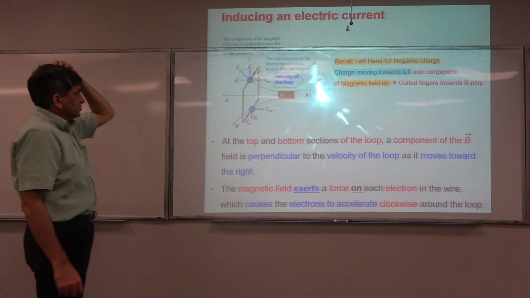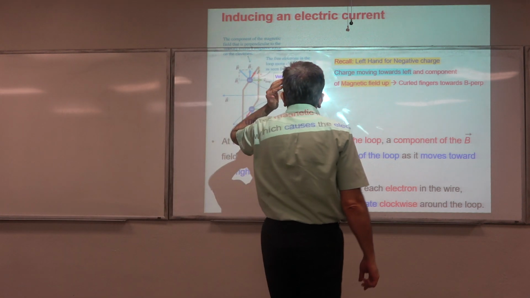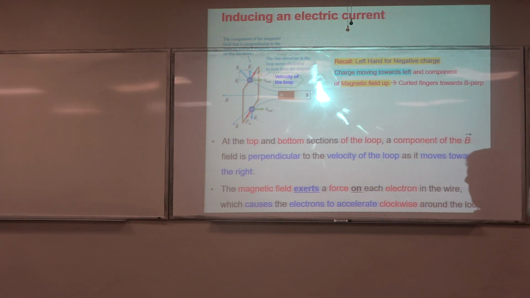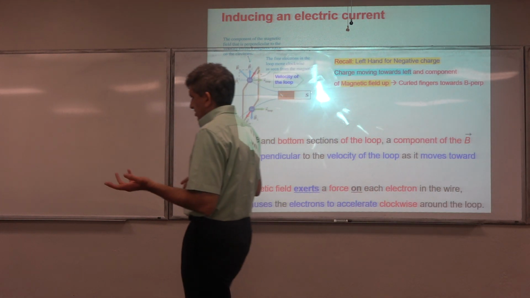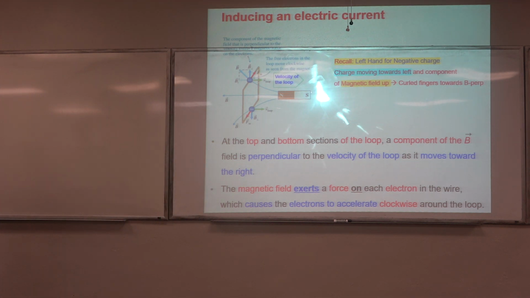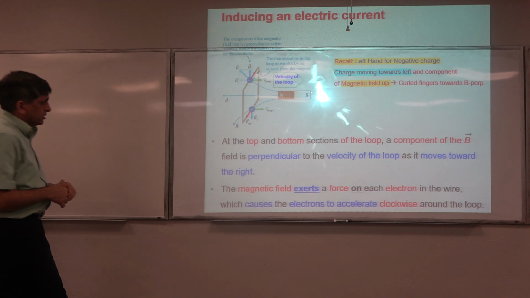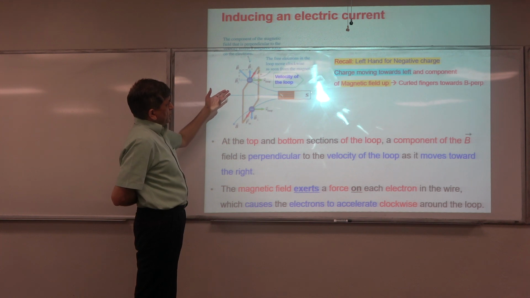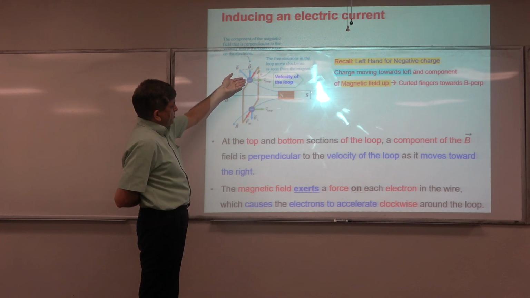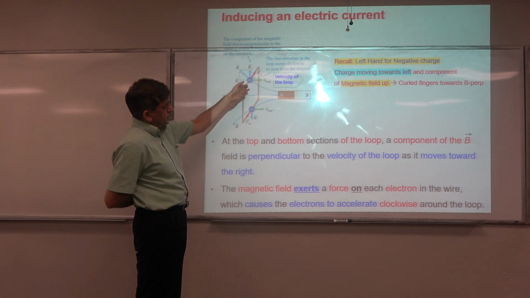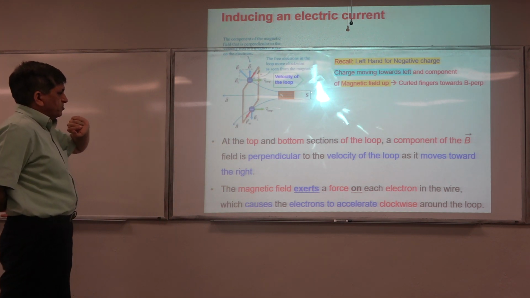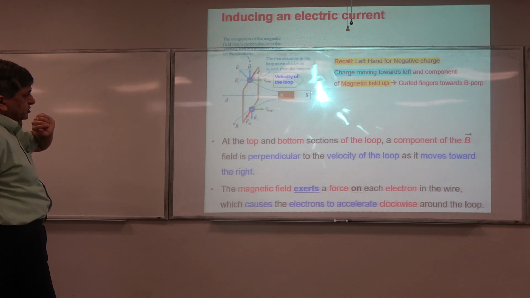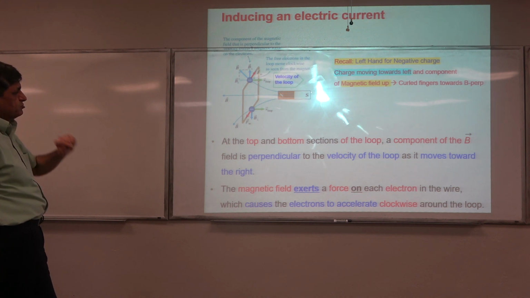Here is another way to look at it. What is happening? Now remember, we said we can use the left hand for the negative charge and the right hand for the positive charge. Same thing we can do here. Okay? If you look at the top and the bottom sections of the loop, we see a component of the magnetic field which is perpendicular to the velocity of the loop.